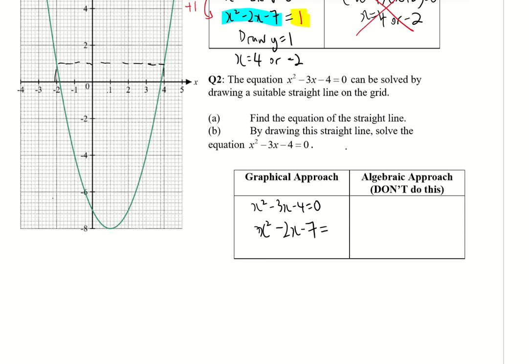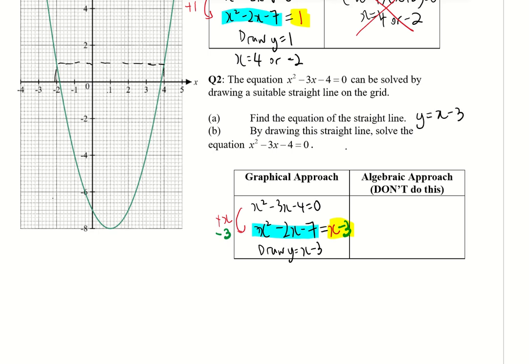Comparing, x squared is the same, negative 3x to negative 2x I will have to add x, so I add x on the other side. For negative 4 and negative 7, I have to subtract 3, so I subtract 3 on the other side. So I need to draw y equals x minus 3, because this is the other side, the straight line. So my answer to part A is y equals x minus 3.